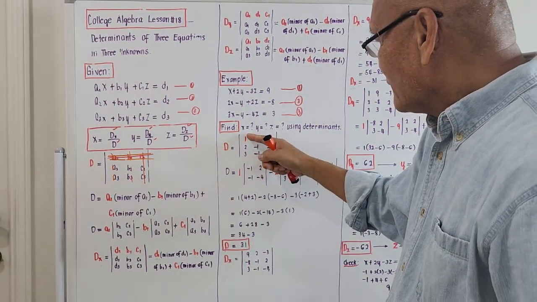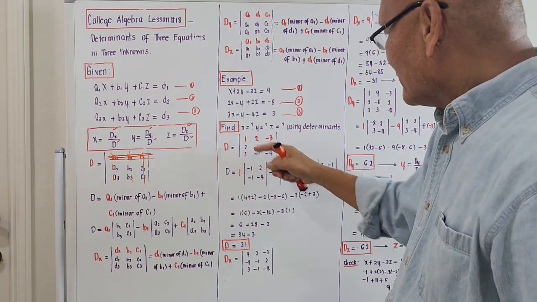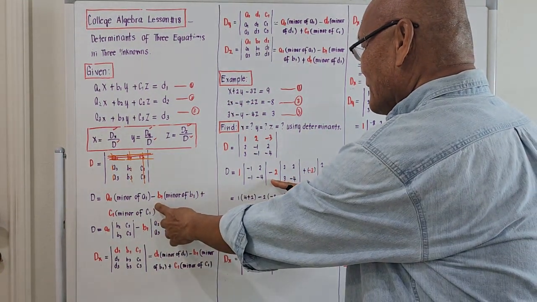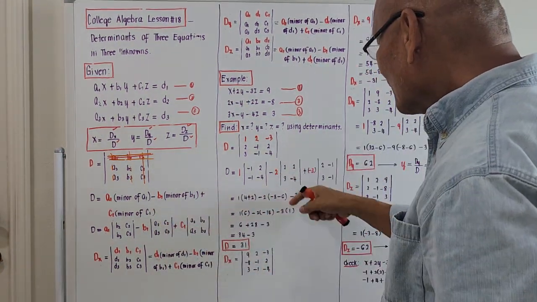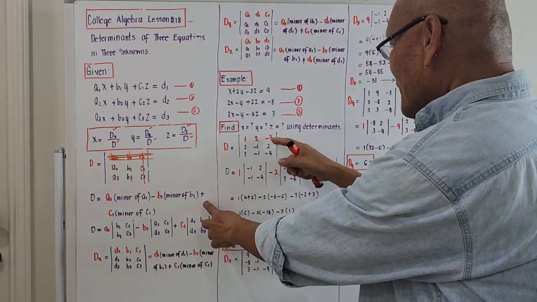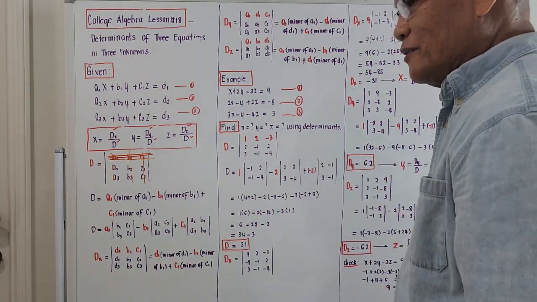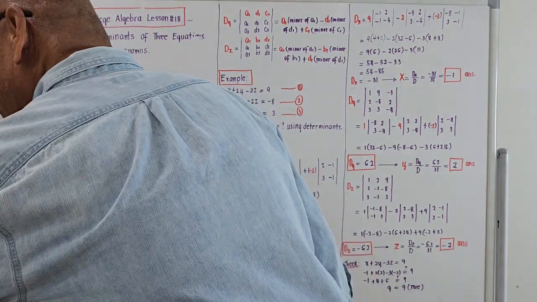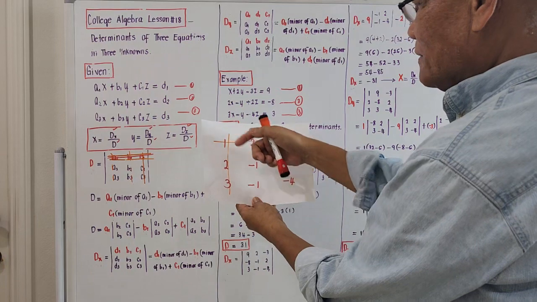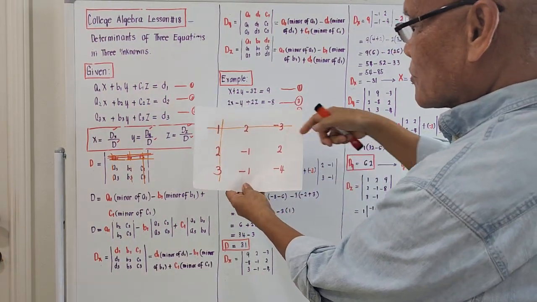It will be 1 times the minor of 1, minus 2 times the minor of 2, plus minus 3 times the minor of minus 3. For the minor of 1, we cross out this column here, then we cross out this row here.